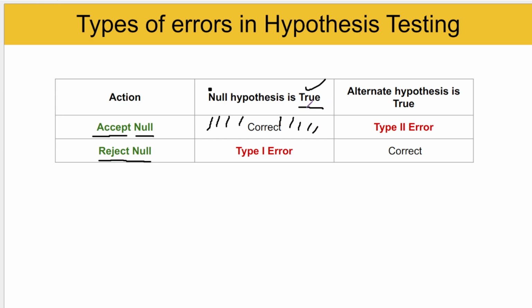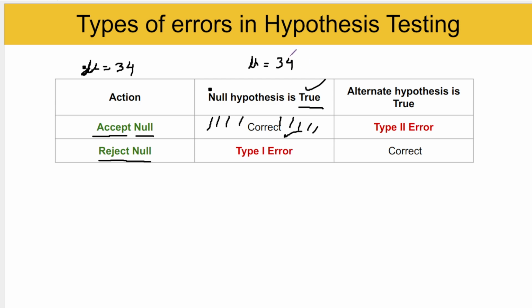So in reality, the mean age of India is 34, and my null hypothesis is that mu is equal to 34. I did all my tests and I accepted the null hypothesis. It was really 34, so that is correct.